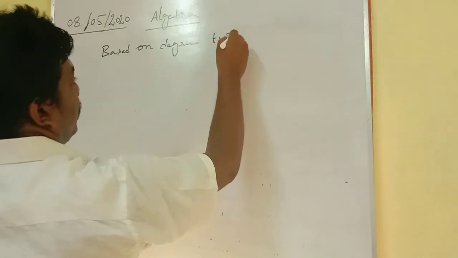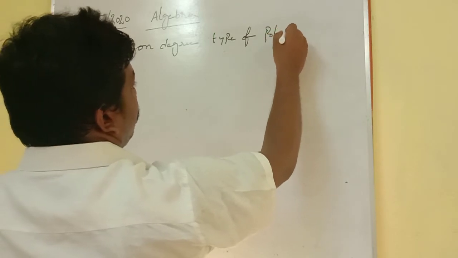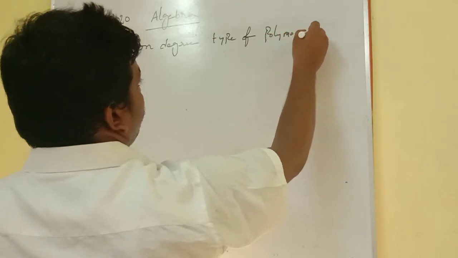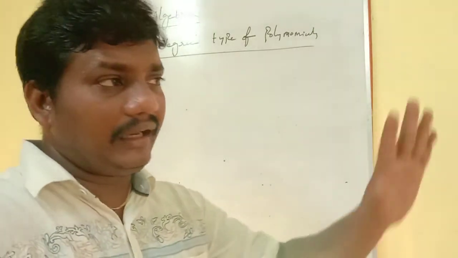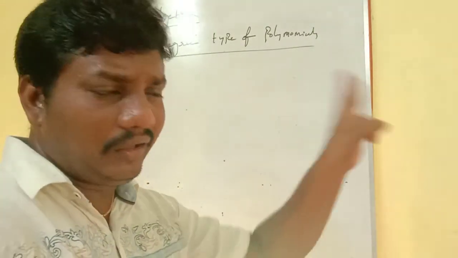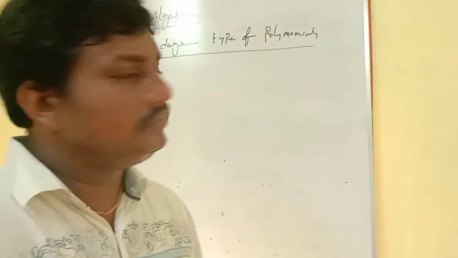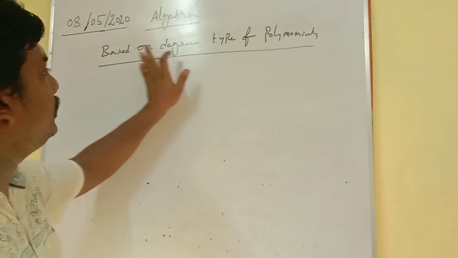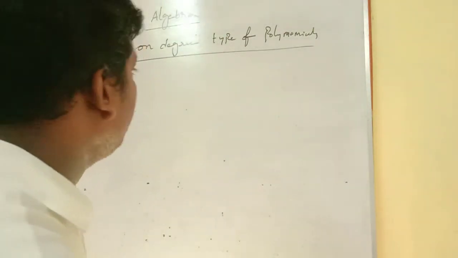Types of polynomials. Based on terms we can categorize them as monomial, binomial, trinomial, multinomial, and also polynomials. But coming to the types of polynomial based on the degree: if the polynomial has degree 0, it is a constant polynomial.